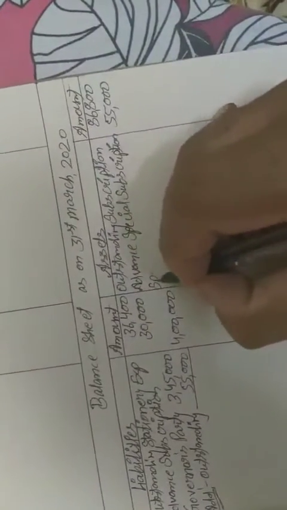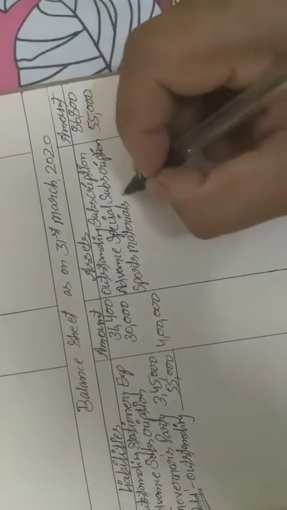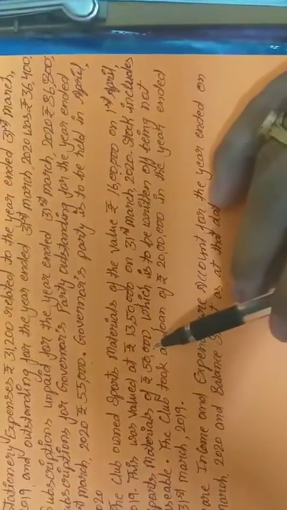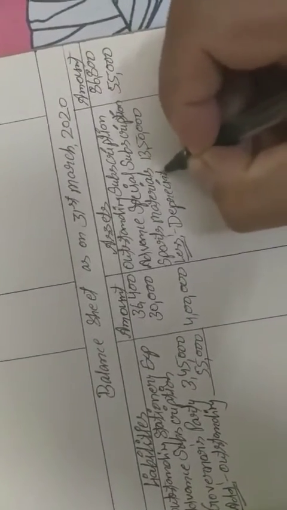So it will be the closing balance. Closing balance will transfer to closing balance sheet. Sports material 13 lakh 50,000. But there is also depreciation which we have to write off. That is 20,000, sorry, 50,000. So we will subtract this one also. Less, it will be calculated as depreciation amount 50,000 rupees.